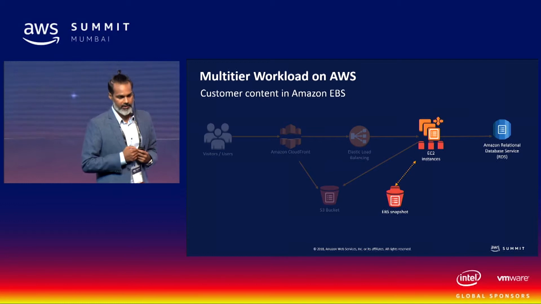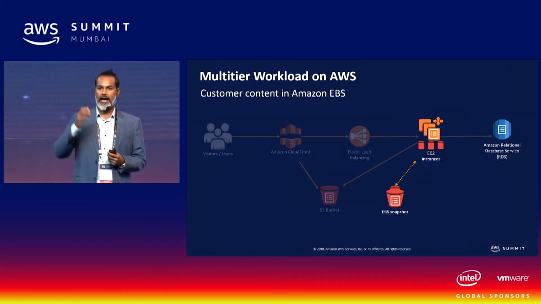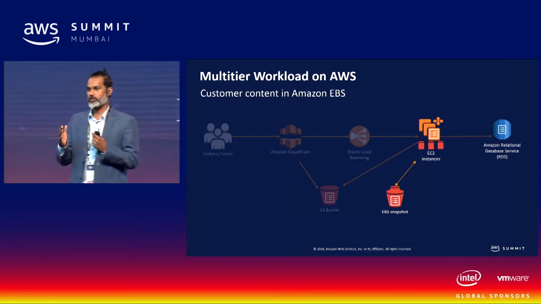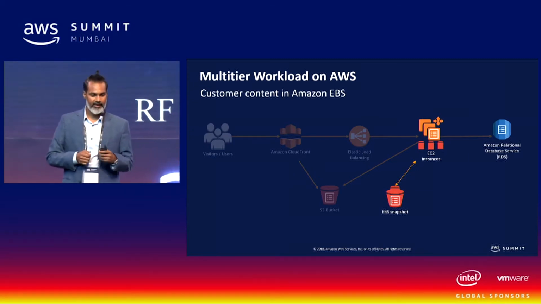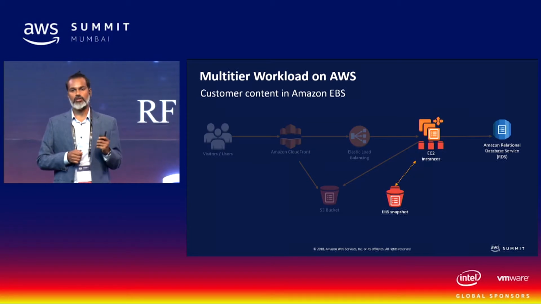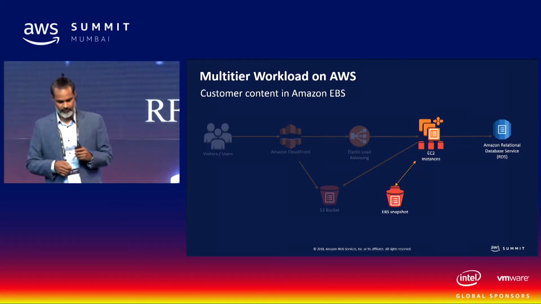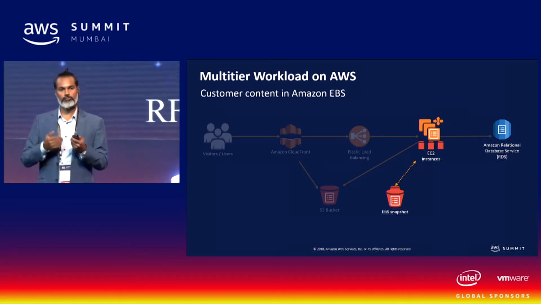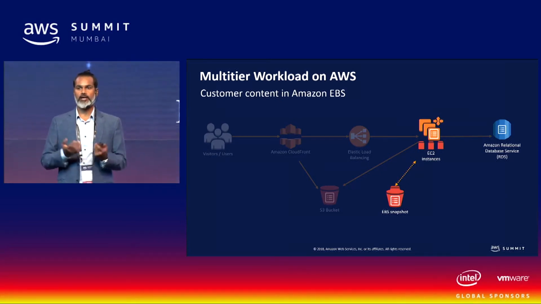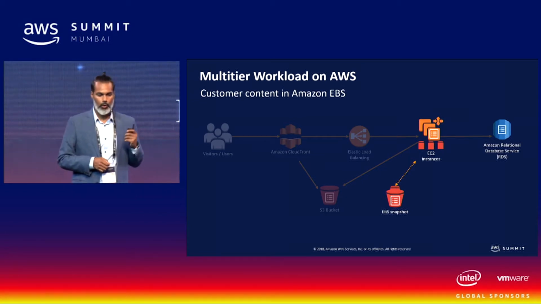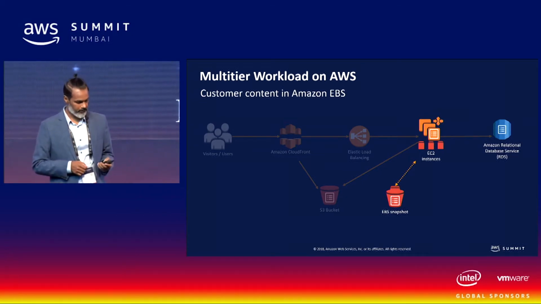Another area where data resides is the application where your customers are connecting to, where customers are interacting. That data resides on an EBS volume, which is connected to EC2. And the third one is, of course, you're writing the data to a database, which could be an RDS. So these are the areas where data is stored.